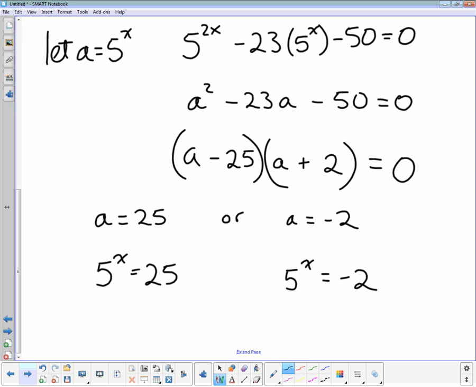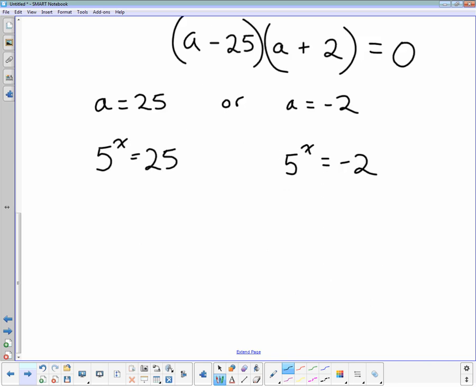Now, we can immediately throw away the expression on the right, because there's no real value of x that's going to give me a negative number. And now this becomes x equals 2.